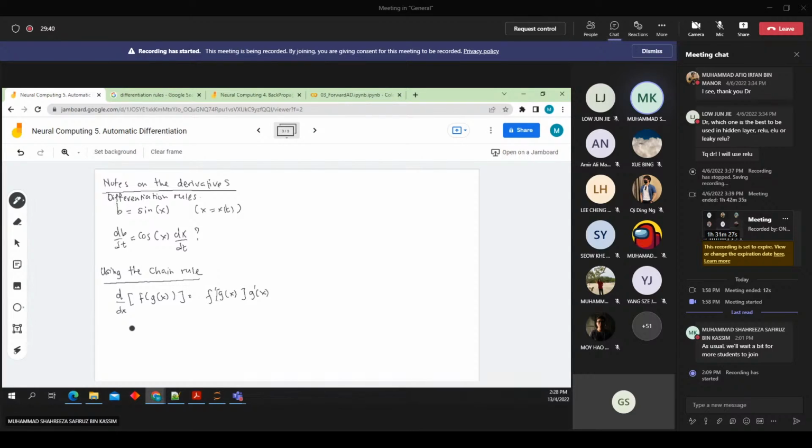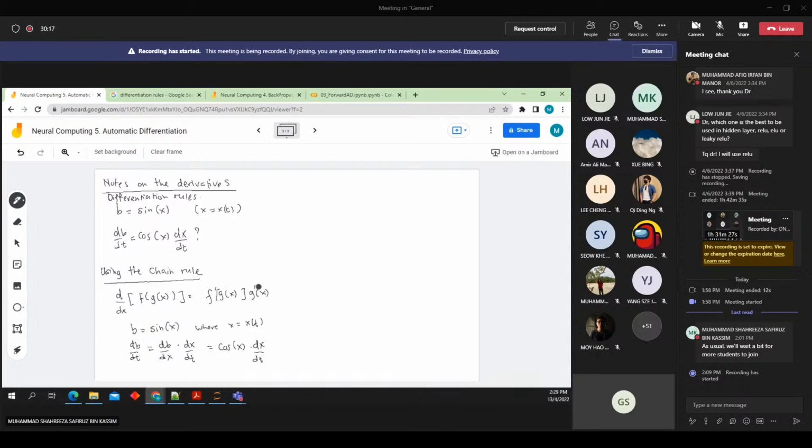That being said, if b equals sine of x, where x is a function of t, then db/dt is db/dx times dx/dt, right? So you differentiate this with respect to x, which is cosine x, and then you have the dx/dt term over here.